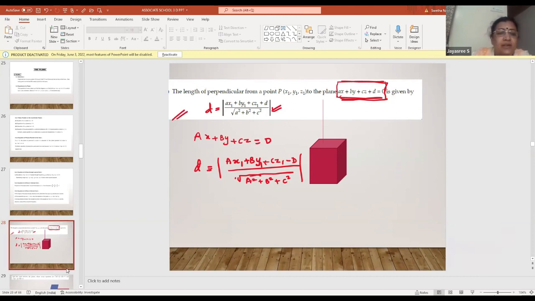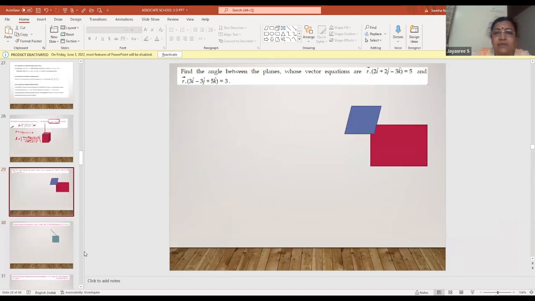The next concept is the angle between the planes. To find the angle, we take the angle between the normals. Cos theta is equal to n1 vector dot n2 vector by magnitude n1 into magnitude n2.